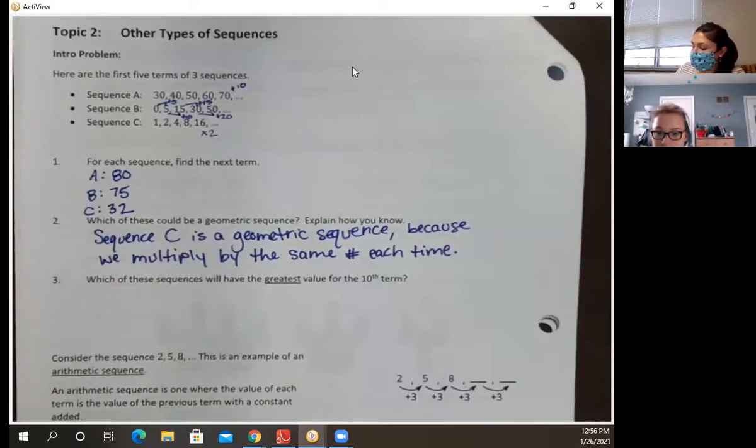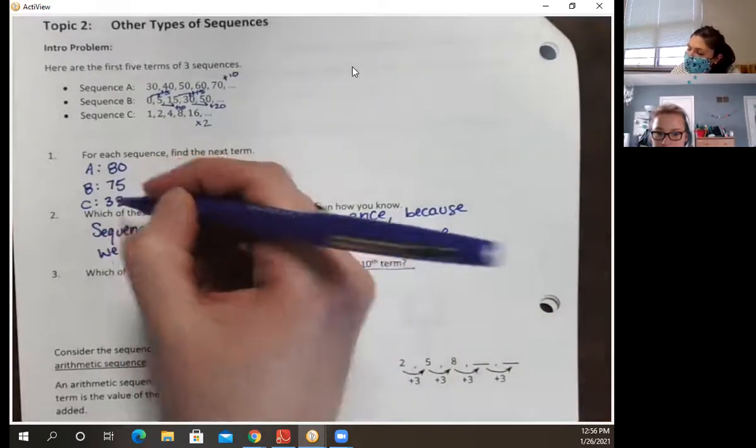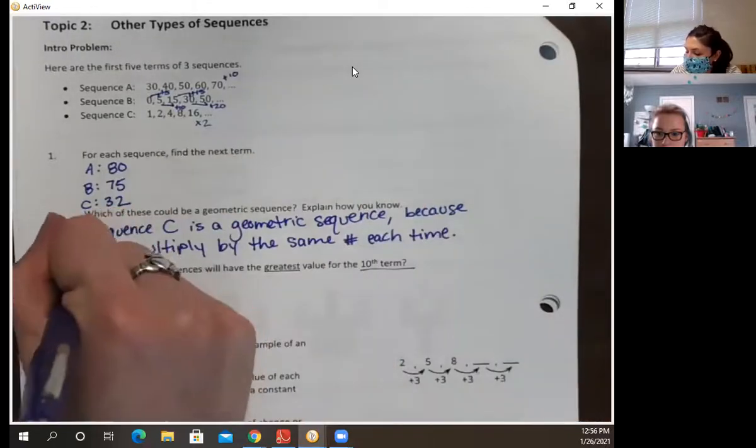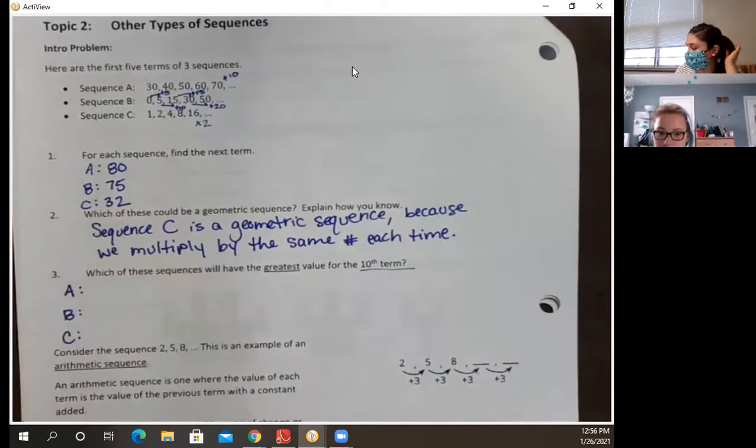Now I want you to take a minute and find the 10th term in each of our sequences. Okay, so we found the next term. Now go out to that 10th term for sequence A, sequence B, and sequence C. Find that 10th term for me.